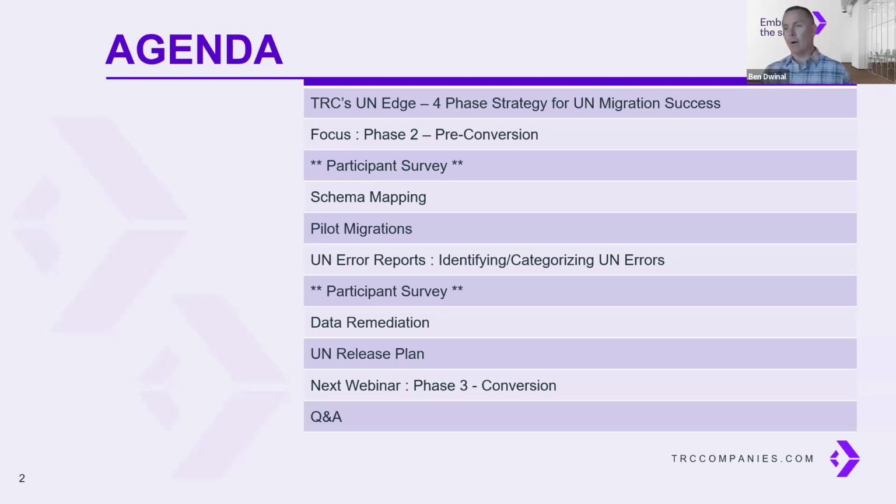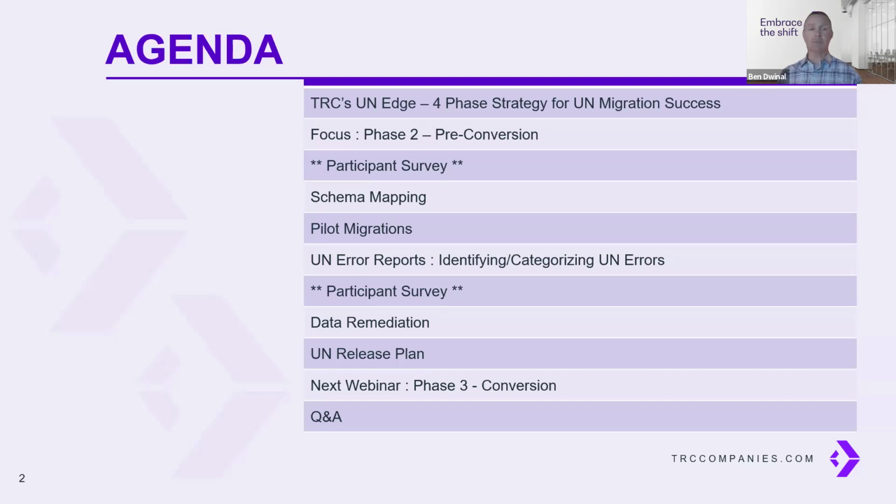As mentioned, we're going to start out today with a quick review of our UN Edge four-phase strategy for UN migration success. Then we're going to look at the key processes and activities in our pre-conversion phase. We'll pause briefly for a quick participant survey. Then we're going to dive into the details of schema mapping and pilot migrations.